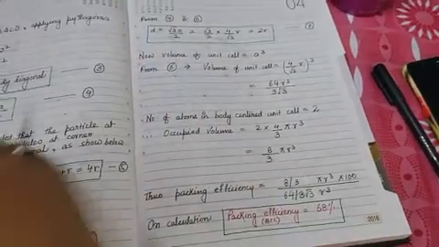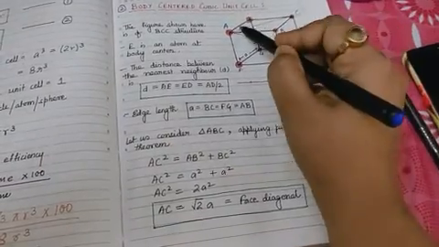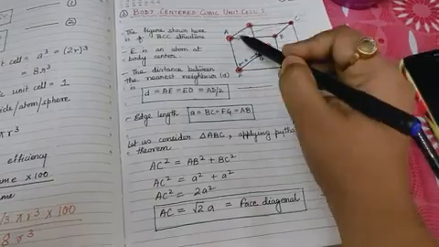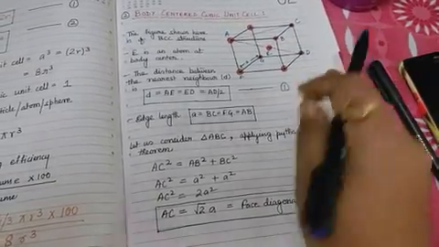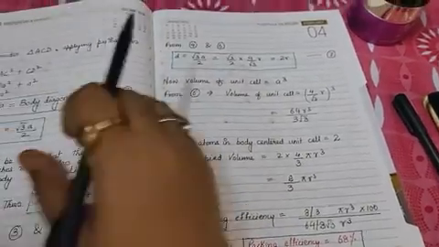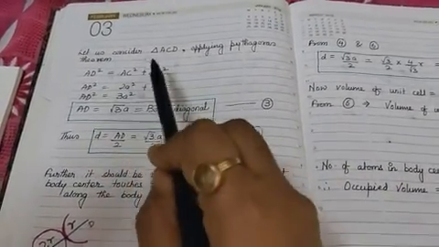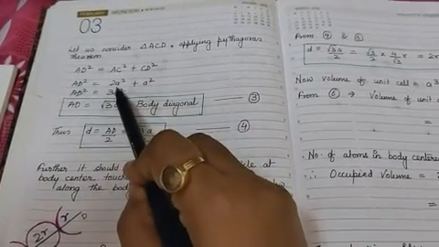Let us move further. Now we consider the bigger triangle ACD. We are considering this triangle where AD is the hypotenuse and the other two sides are AC and CD. So again we are applying Pythagoras theorem. AD square equals AC square plus CD square.